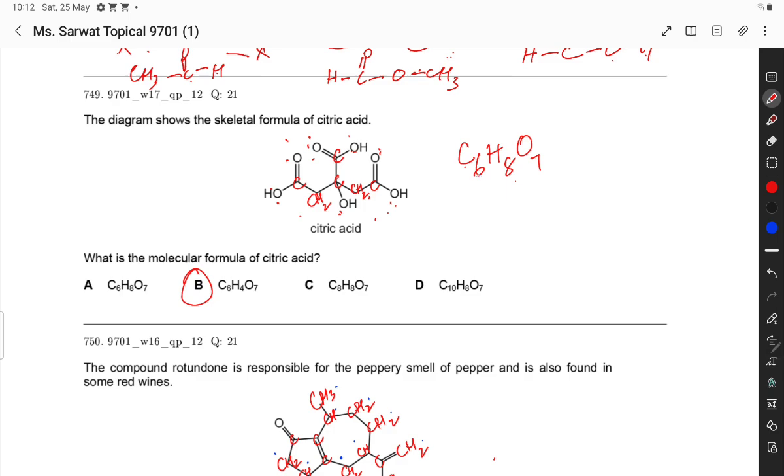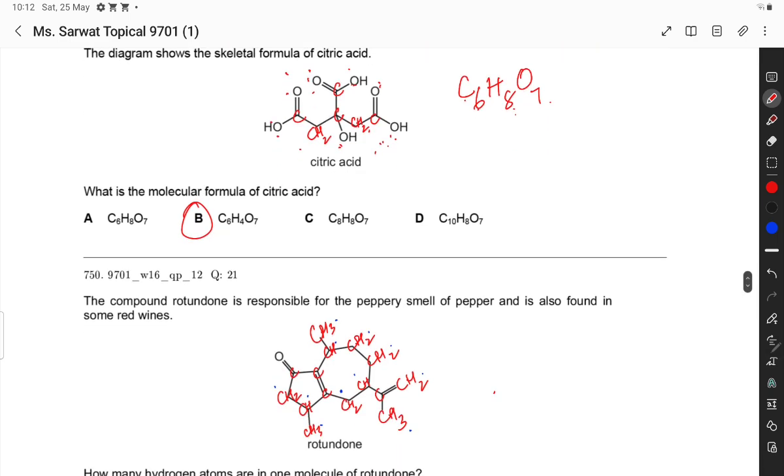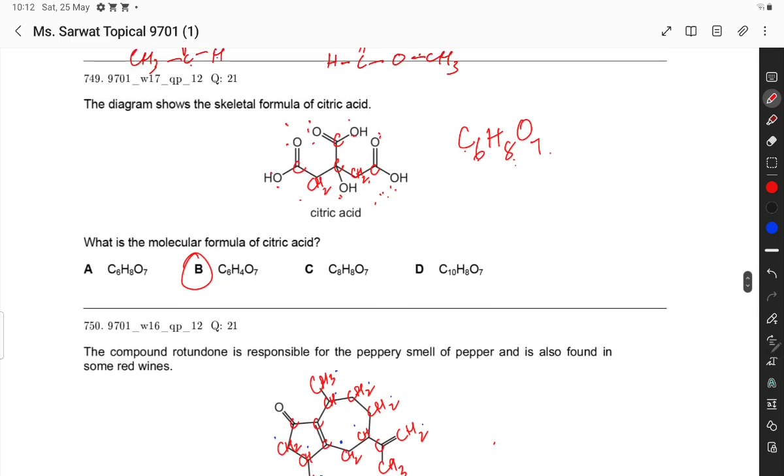So we have 6 carbon atoms in this compound, 8 hydrogen atoms, and 7 oxygen atoms. So what is the molecular formula? C6H8O7. So option A is the best option.